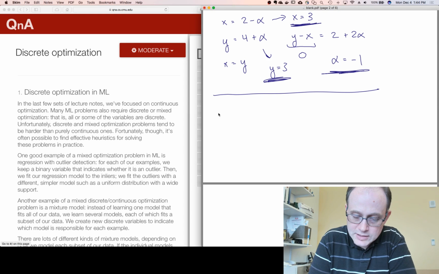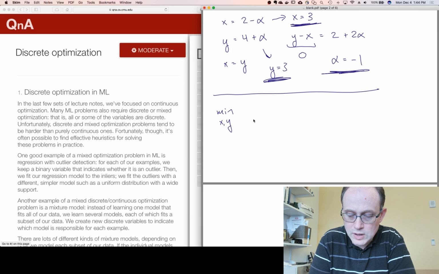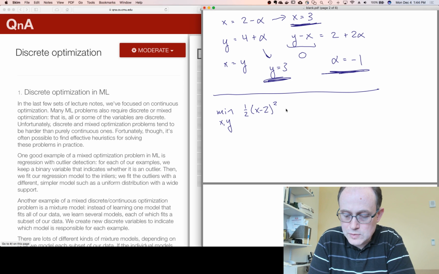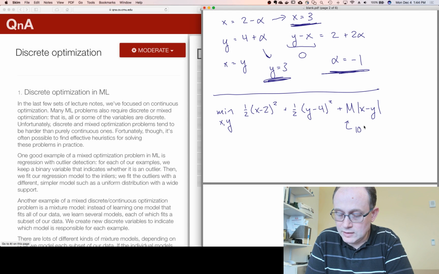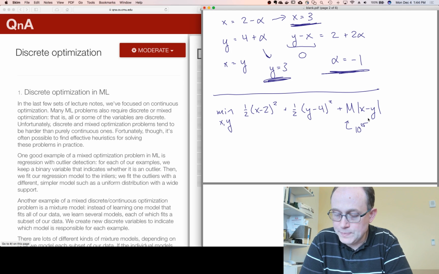We could solve the minimization over x and y of our objective function, half (x minus 2) squared plus half (y minus 4) squared, and then just add some really large constant, we'll call it capital M, times the absolute value of x minus y. So M here could be something like 10 to the 25.